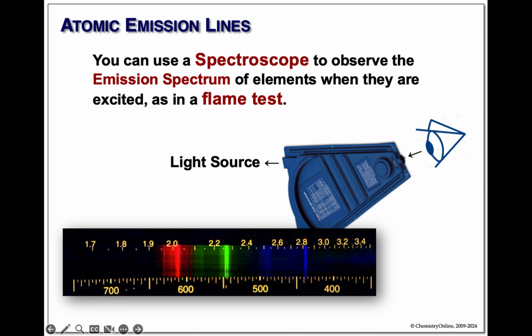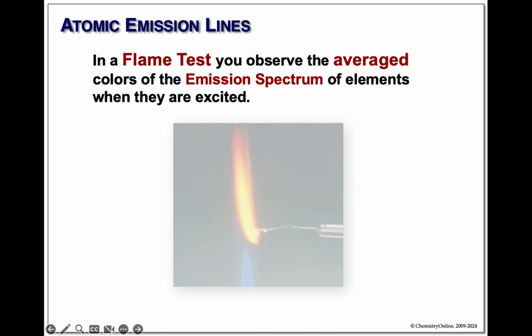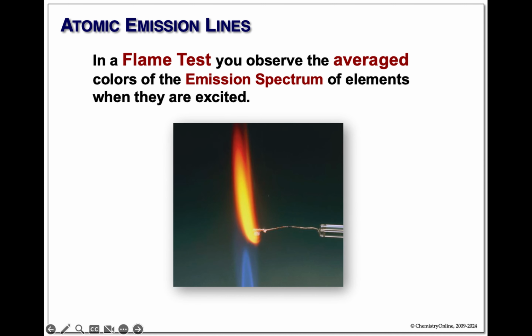Now, as we look at fluorescent lights, they're white, right? That's because your eye averages all of these into a single color. Same thing with a flame test. We're actually getting lots of distinct lines out of this, but your eye averages them into one color. And that's why every element will have a unique color.